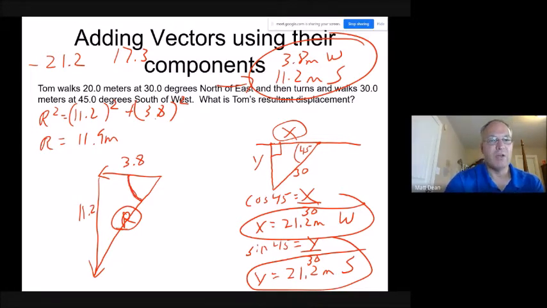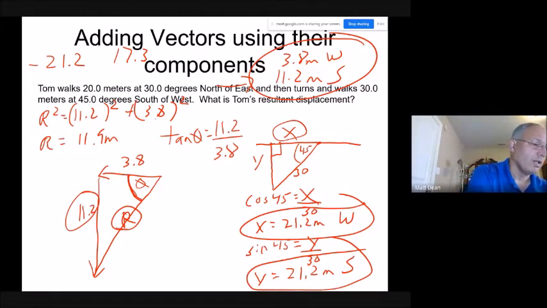So to find that angle, the easiest way to do it is to use the tangent function. We're going to call this angle theta, and we're going to say that the tangent of theta is equal to the opposite side of that angle, which would be 11.2, over the adjacent side, 3.8. We're going to go 11.2 divided by 3.8, and then take the inverse tangent.